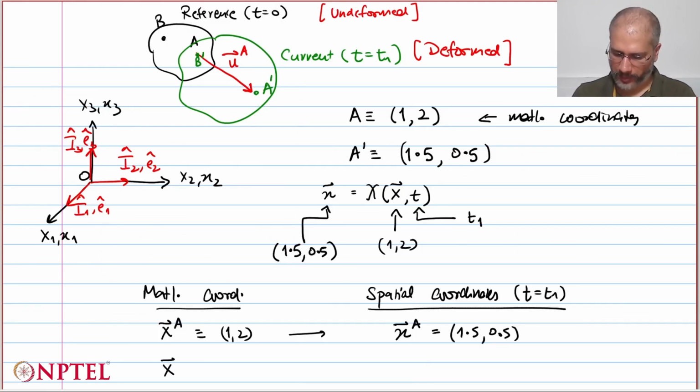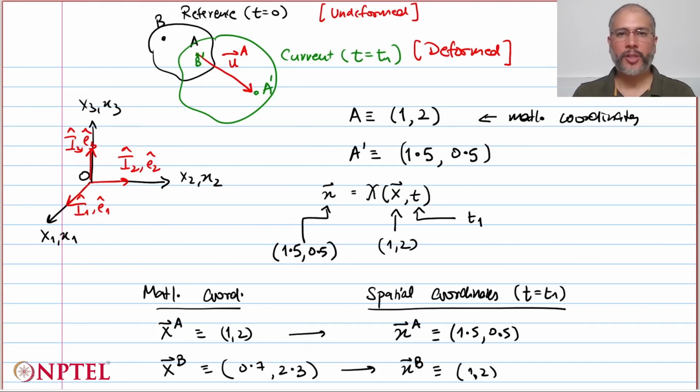And this point B that we have just shown, let us say its x coordinate was 0.7 and its y coordinate was 2.3, which has now moved to the spatial point, which is given as (1, 2).